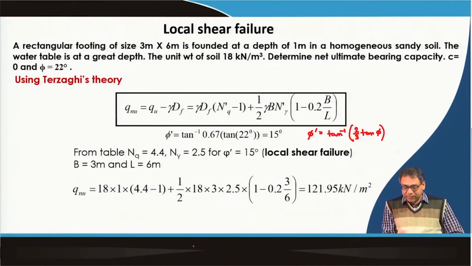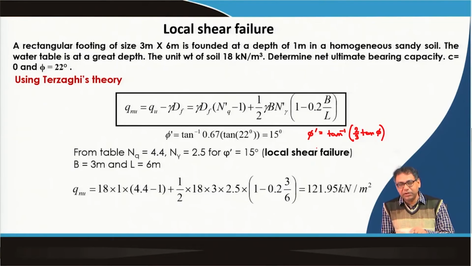Phi is originally 22 degrees. So, ultimately I will get a phi dash value, sometimes called phi m, the modified value, of 15 degrees. In general shear failure, we use the given phi to calculate the bearing capacity factors, but here we will not use 22 degrees.